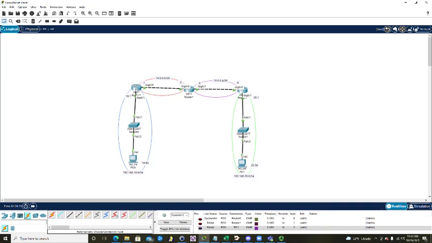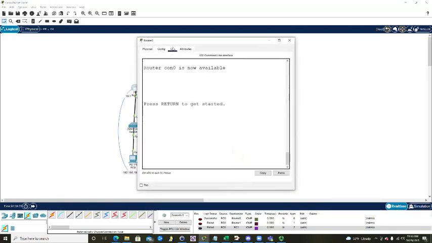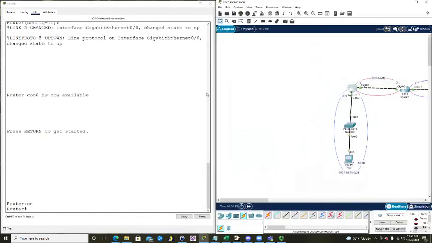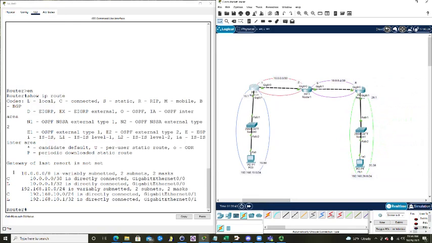The router would look at the destination IP address of 20.50 and ask itself, do I know where that network is? If we look at the routing table with a show ip route command, we can see all of the routes that this router currently knows.